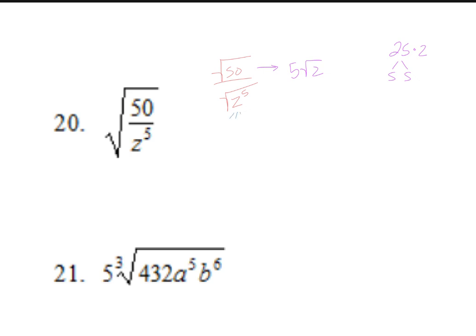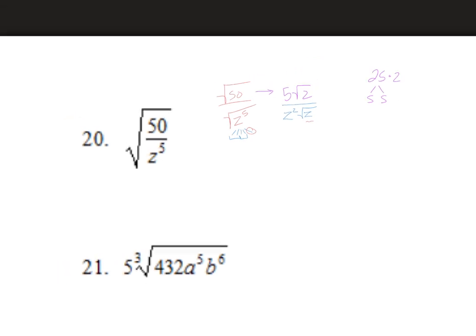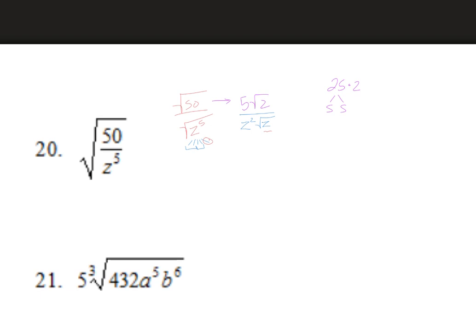This is 1, 2, 3, 4, 5 z's. So we have 2 pairs. Z squared is going to pop out. And the square root of z, that fifth one, stays home right here. And now for the part that I said was unique to this one, at least thus far, is that we are going to simplify this.